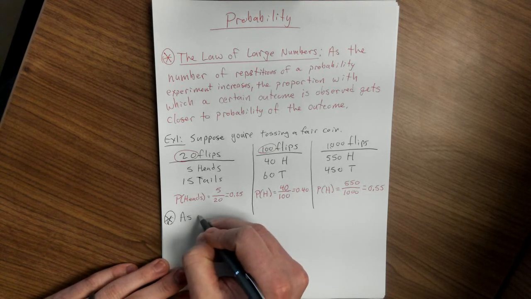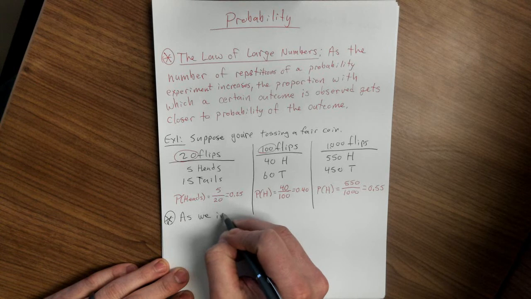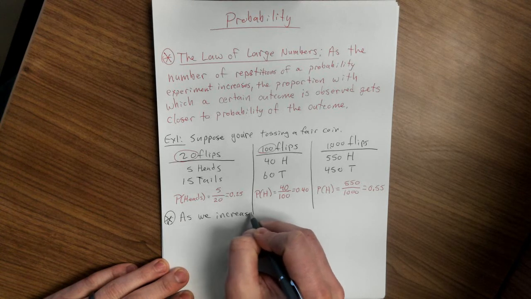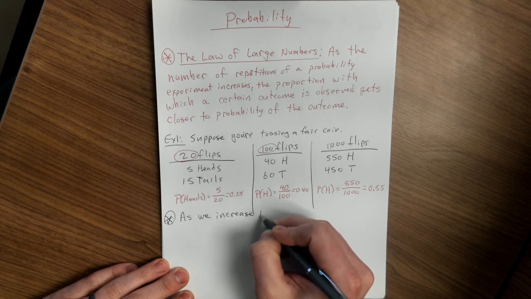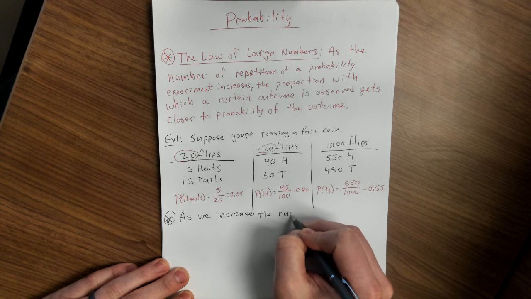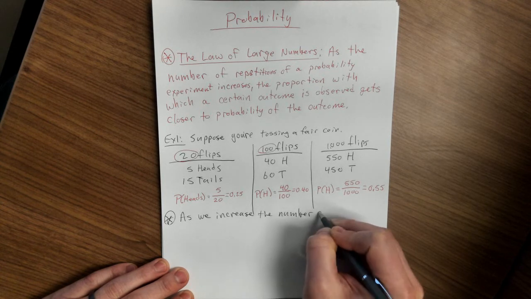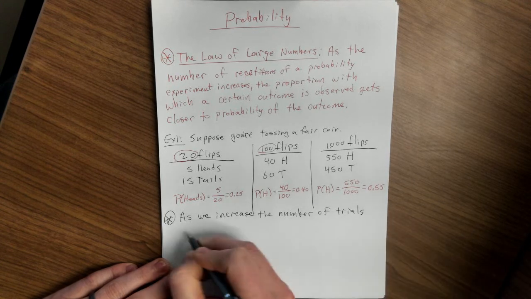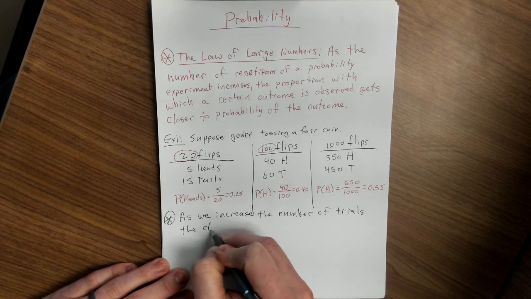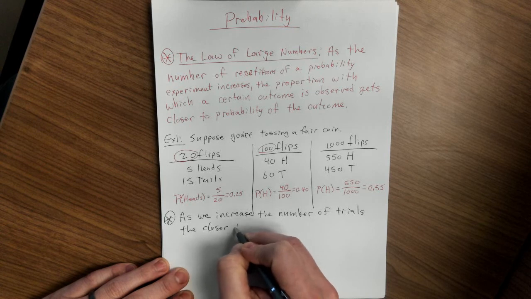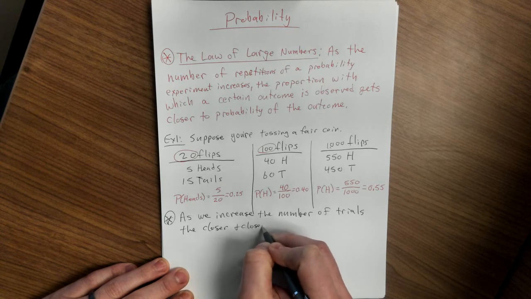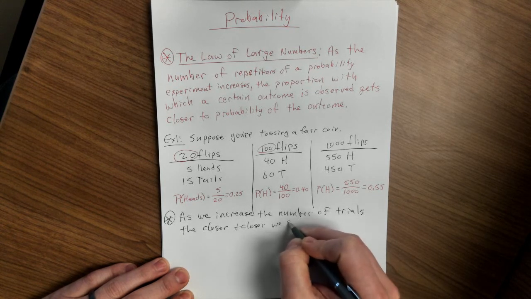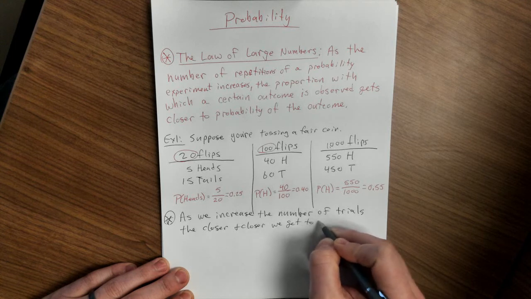As we increase the number of trials, the closer and closer we get to 50%.